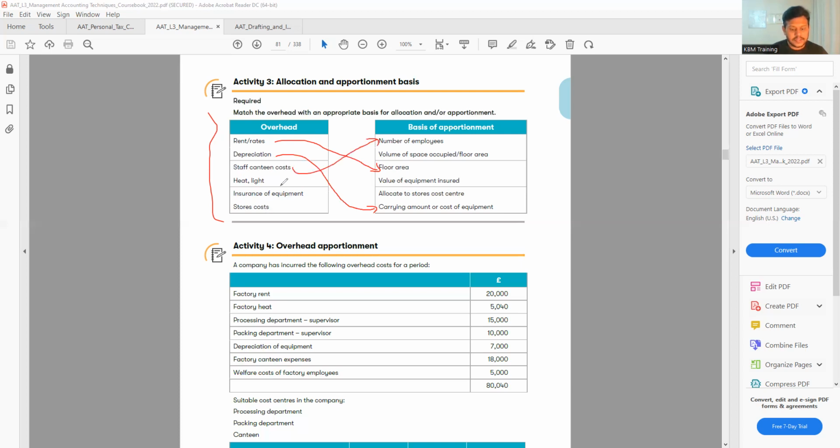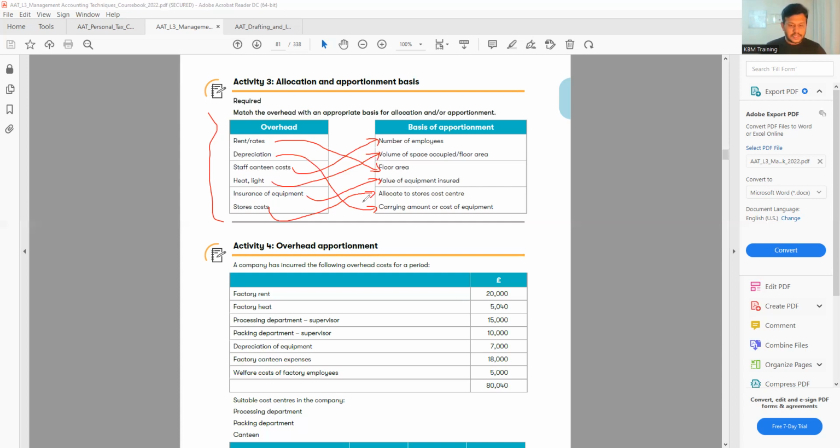Heat and lighting, again the floor area or volume of space occupied. You can use that. Insurance of the equipment, value of the equipment. Store cost belongs to the store cost center, allocate.